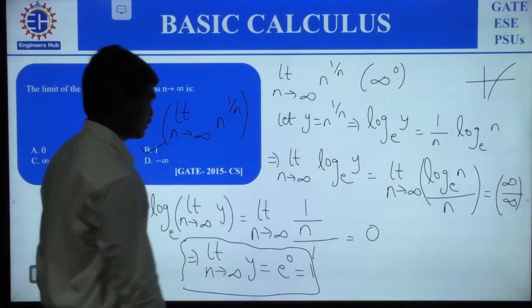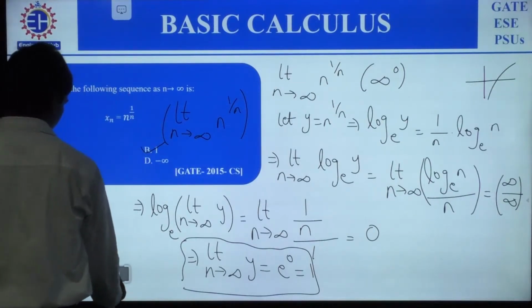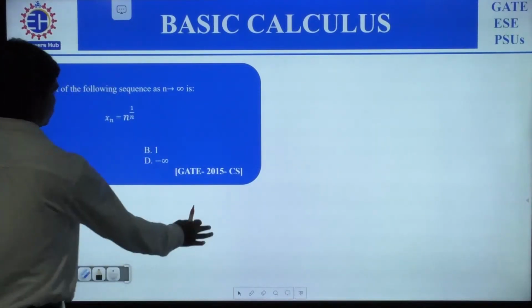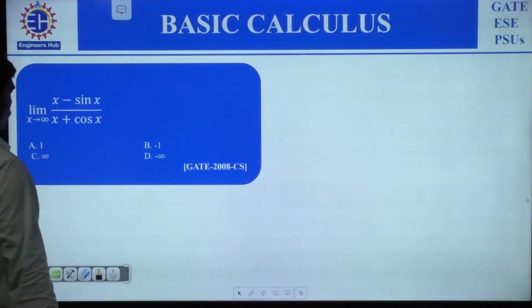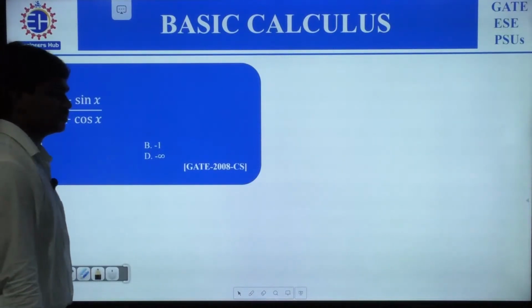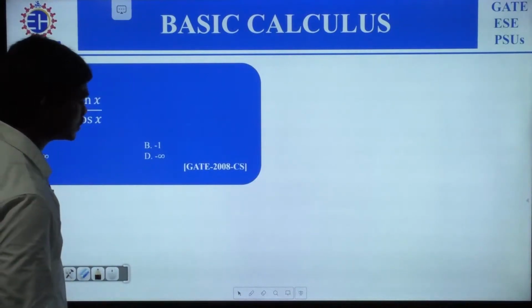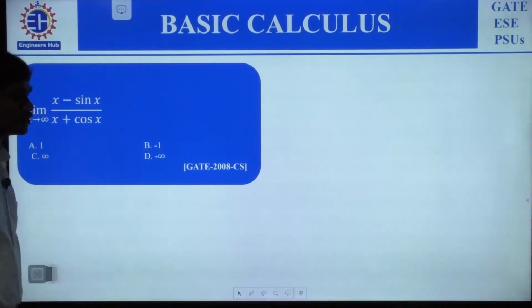Okay, so now moving ahead. What could be the answer for this limit? Good, Gayatri. What could be the answer for this limit? Limit x tends to infinity x minus sin x divided by x plus cos x.